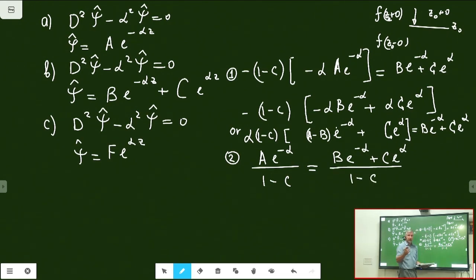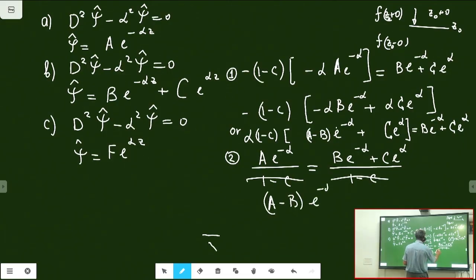So that's what I mean. Do it exactly as it appears first, and of course then you see that this can be cancelled, and the rest can be rearranged the way you like it. So clearly here you will get, for example, a minus b multiplied by e to the power minus alpha is equal to c e to the power alpha.